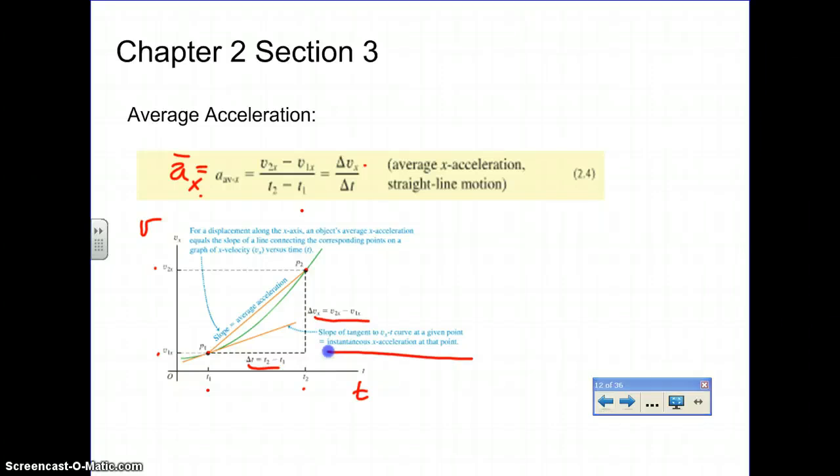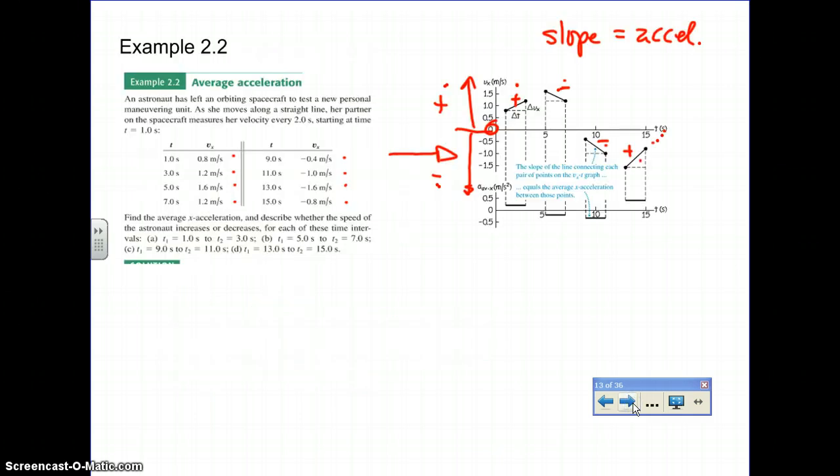Here you can see that the slope of the tangent to the curve at different points is not necessarily the same slope in magnitude as the average. That's because the instantaneous acceleration is changing, even though the average between those 2 points is not.